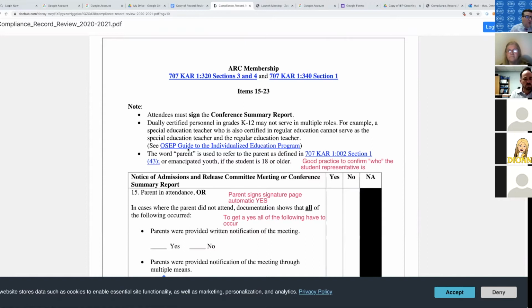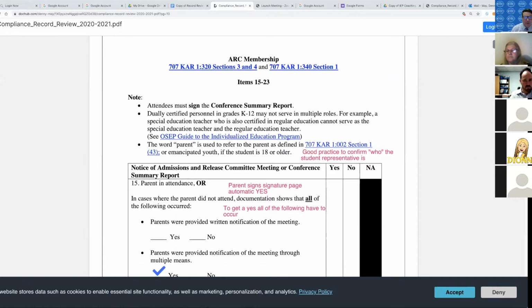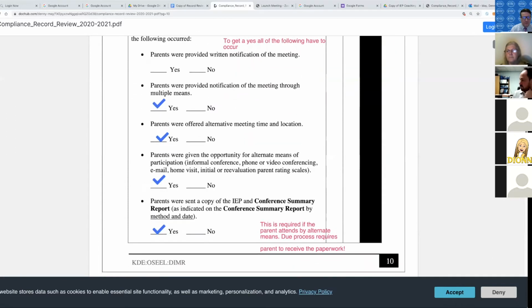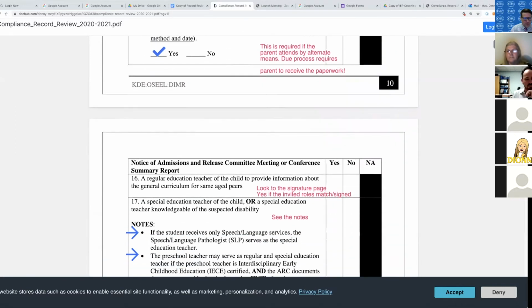Then it points you to a hot link, OSEP's Guide to IEPs, and you can read more about that if you'd like, but you cannot serve a dual role. So the same person can't fulfill those two roles in a properly constituted ARC.